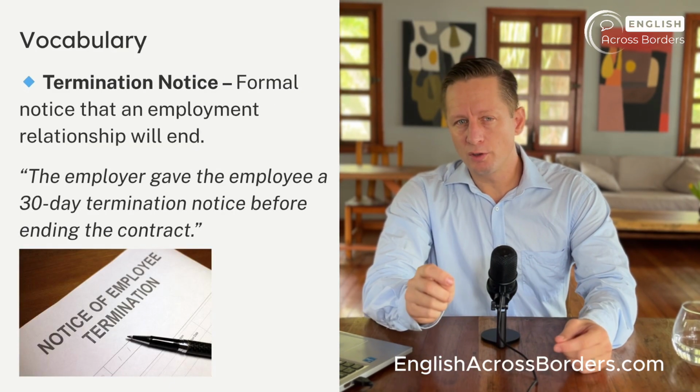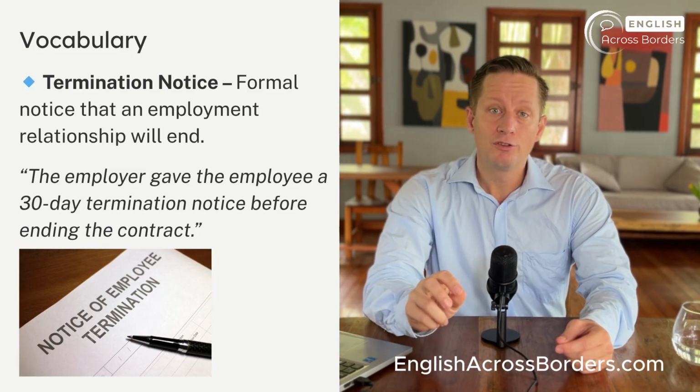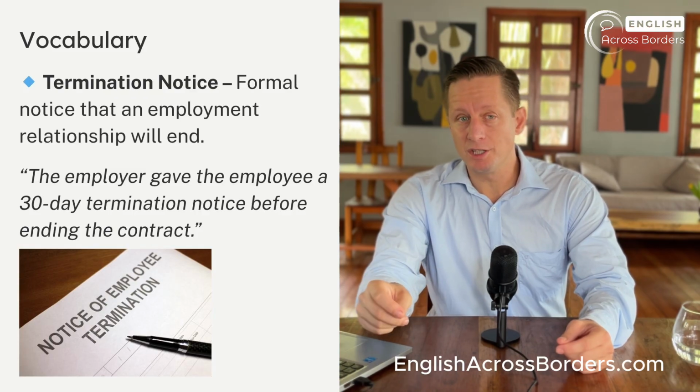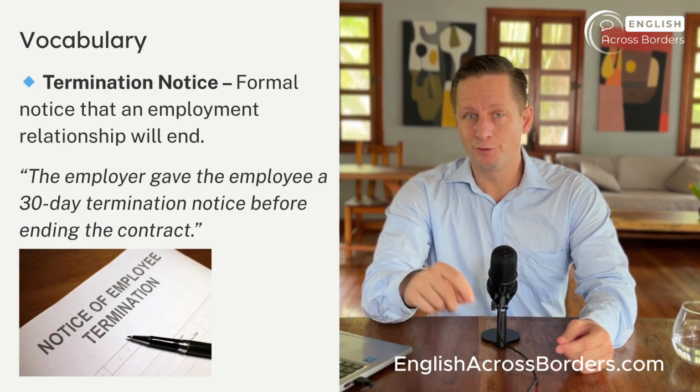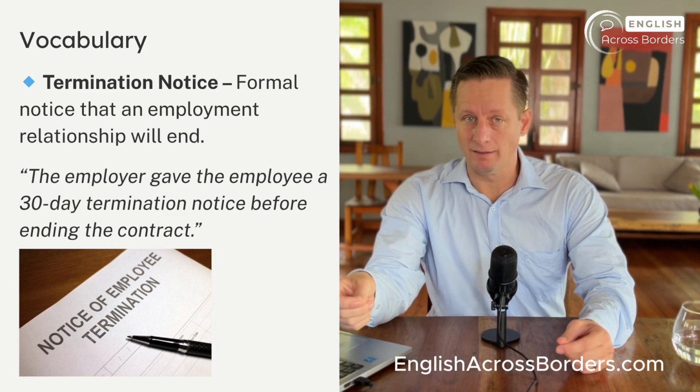Let's move on to a crucial aspect of ending an employment relationship: termination notice. This is the formal communication from employer to employee, or vice versa, that the job will end.